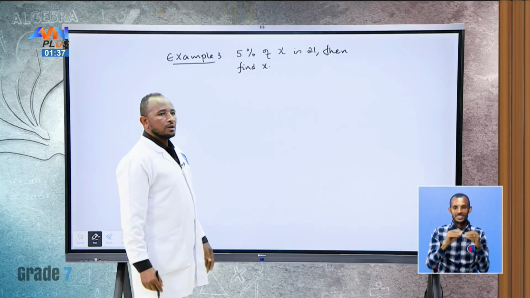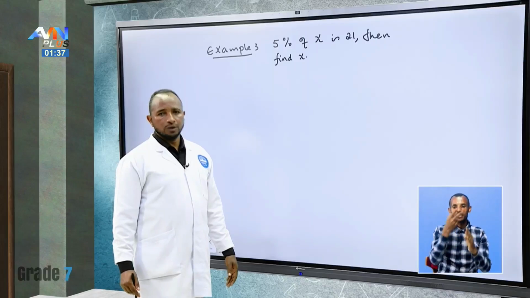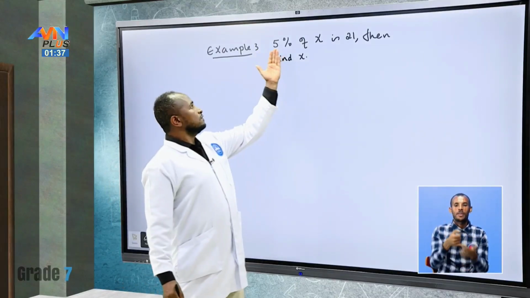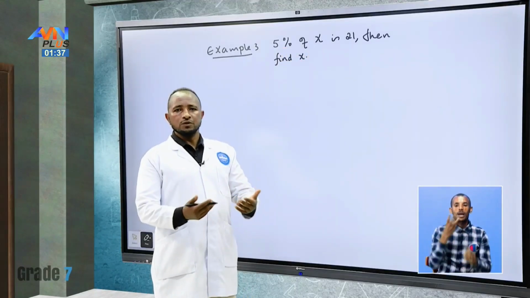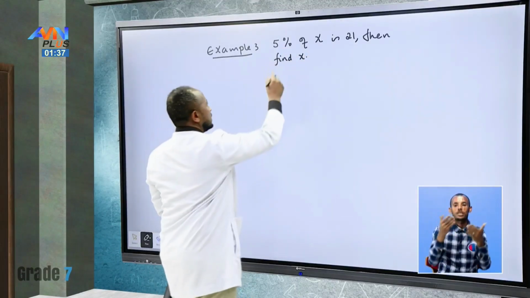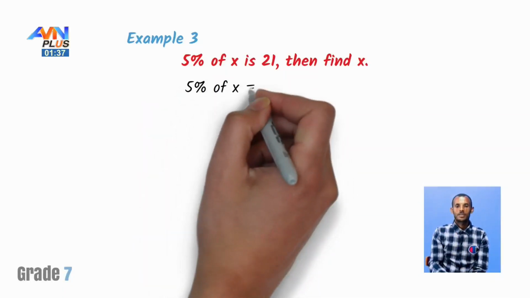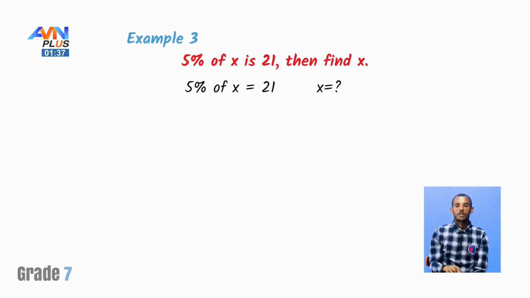Students, have you tried the question? Good. Now let's see the answer together. So here, it says 5% of x is 21. We can change this into equation form. So here it is 5% of x is 21. So what is x?